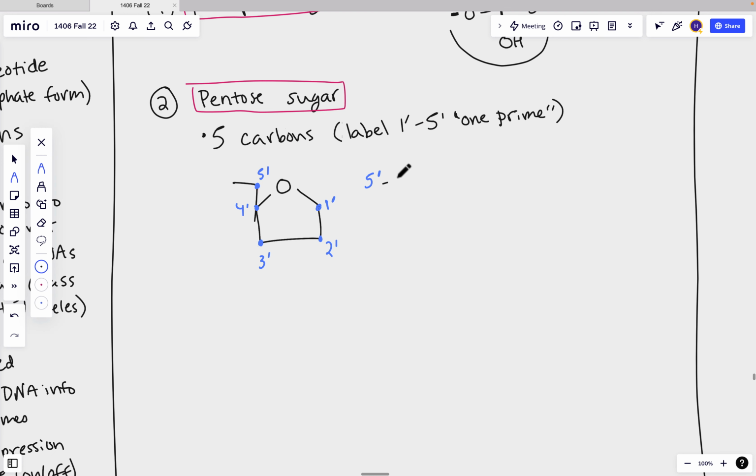The 5' carbon is attached to the phosphate group, and the 3' carbon is attached to the OH, the hydroxyl group.